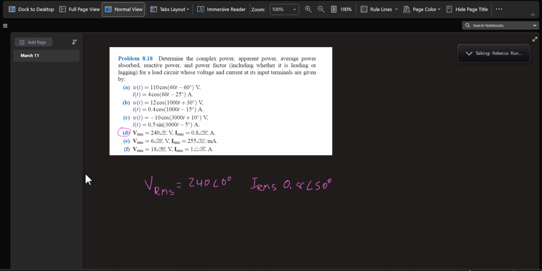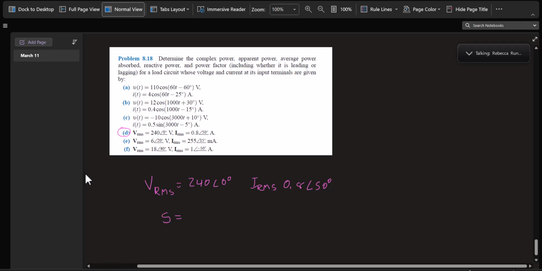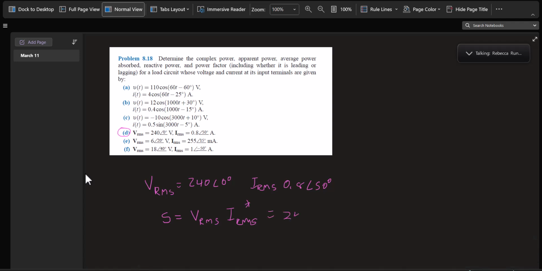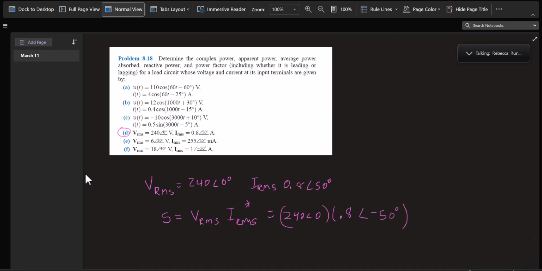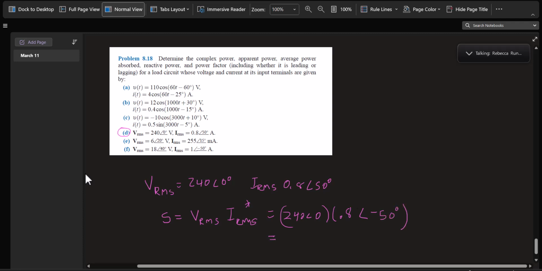So if I want to find the complex power, I'm just going to do V RMS, I RMS conjugate, which would be 240 angle 0 times 0.8 angle negative 50 degrees, which would be 192 angle negative 50 degrees.